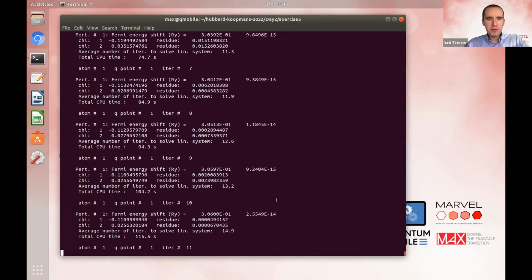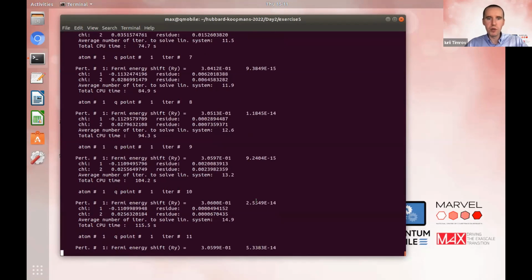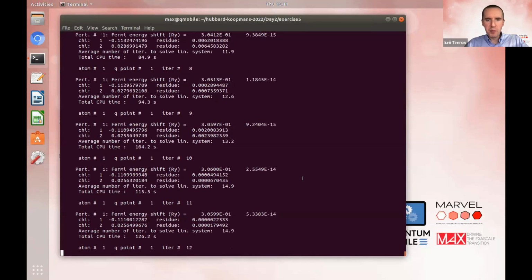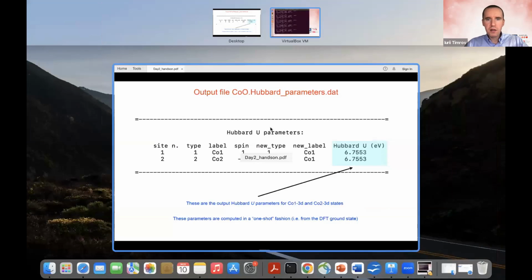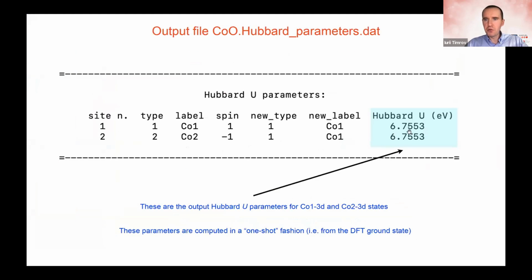Okay, we need to wait. As you can see, even for the first Q-point, it has already performed 11 iterations, and we still need to wait some time. Maybe it can take 5 minutes, maybe more, I don't remember. But that's the number that you should obtain, 6.75. And this is the so-called one-shot calculation of Hubbard U.